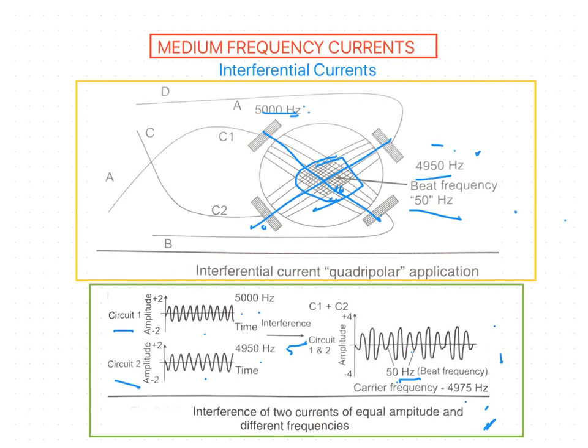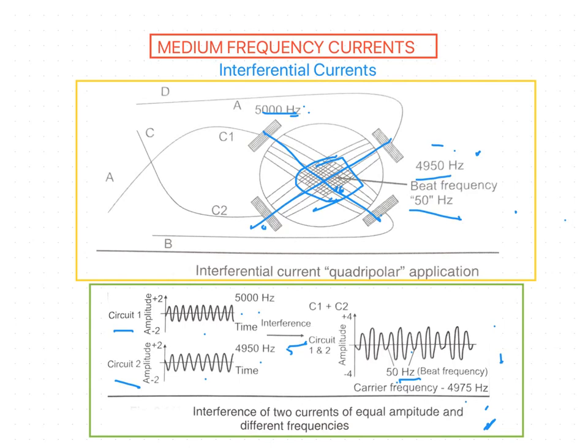Hence the muscle gets more energy at the lower frequency, that is the beat frequency. This is what happens in interferential therapy. It is normally used for pain relief, and sometimes also for muscle contraction, but mainly pain is relieved with interferential currents.